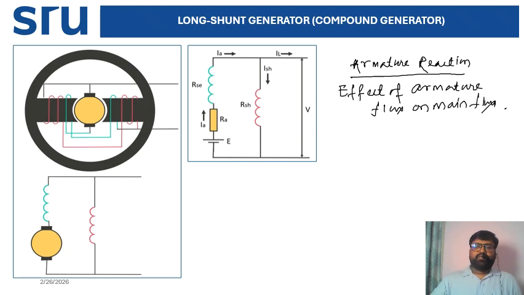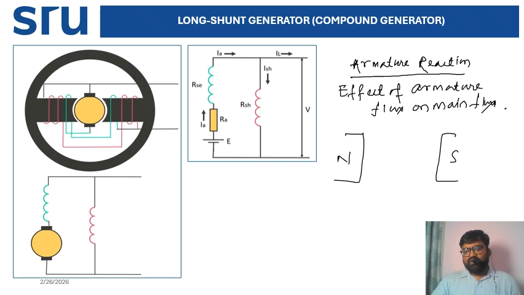Suppose there is a two pole machine, with one north pole and one south pole. What is happening in that? A detailed lecture is also given in the previous slides. If you go to the previous lectures, you can understand the armature reactions in more detail, but I am just briefing it to understand this compound generator.